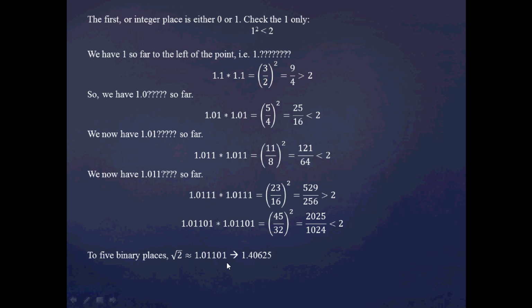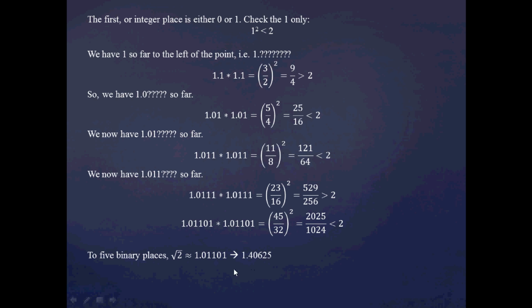So to 5 digits after the point, I know that the square root of 2 is 1.01101. And the exact representation for that would be this thing right here, 45/32, which gives me this, which is a decent approximation for the square root of 2.